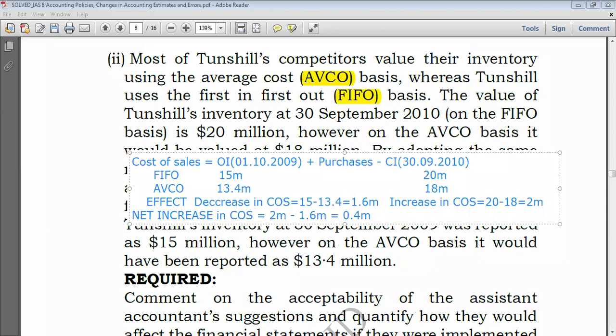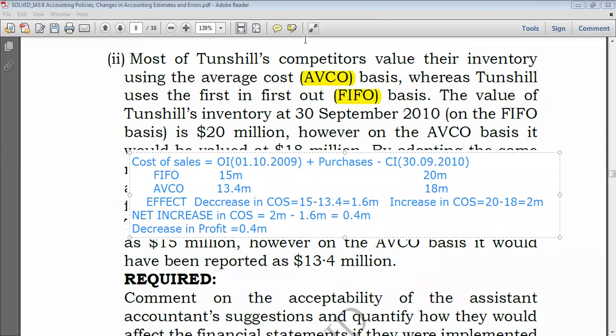This would have been the net increase in cost of sales. The net increase in cost of sales actually would mean a decrease in profit, right? Because we're just checking the impact on profit. So it would have led to the decrease in profit. The amount by which cost of sales increases will actually lead to a decrease in profit. So our profit will decrease by the difference, that is 0.4 million. So this is how you deal with such matters.